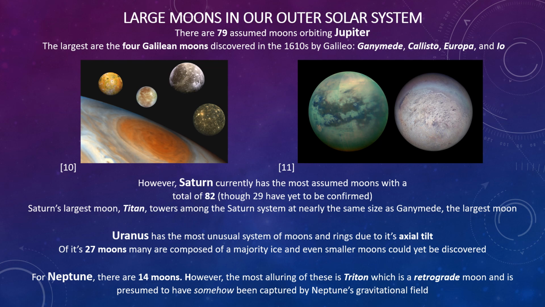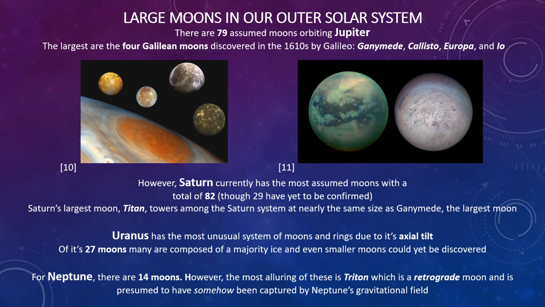Uranus has some very unusual moons due to the orientation of its axial tilt. It has 27 moons that are composed primarily of ice, and there could be even smaller moons yet to be discovered. And Neptune has about 14 moons, because there could be some more still to be discovered as well, because Neptune's very far out there.